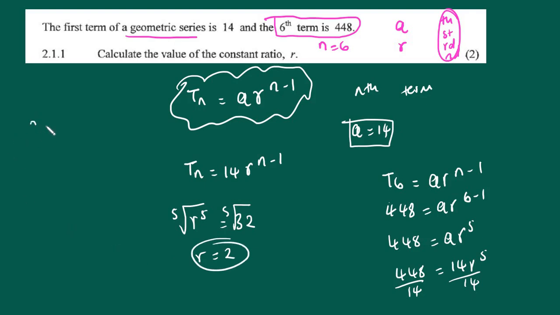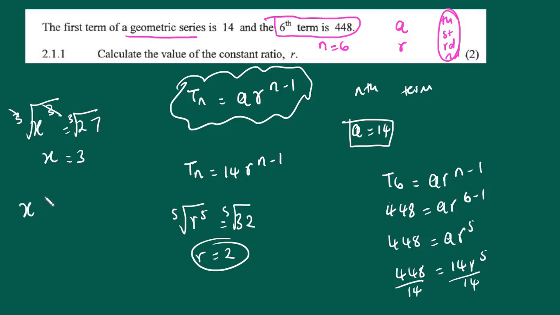Remember guys, if I give you x cubed equals 27, to solve for x, you have to find the cube root of 27 both sides, so that they cancel. You are left with x equals 3.